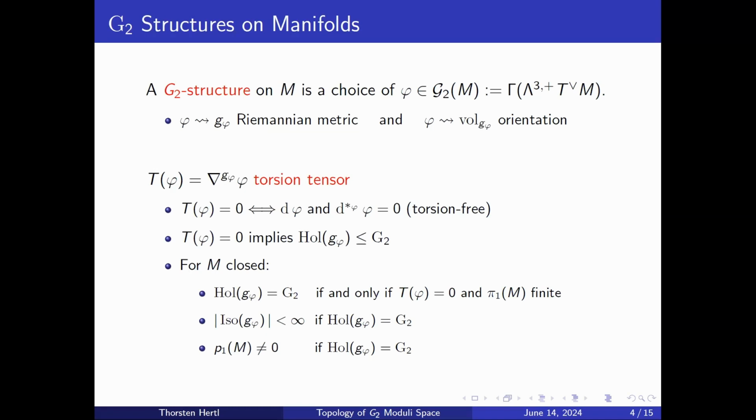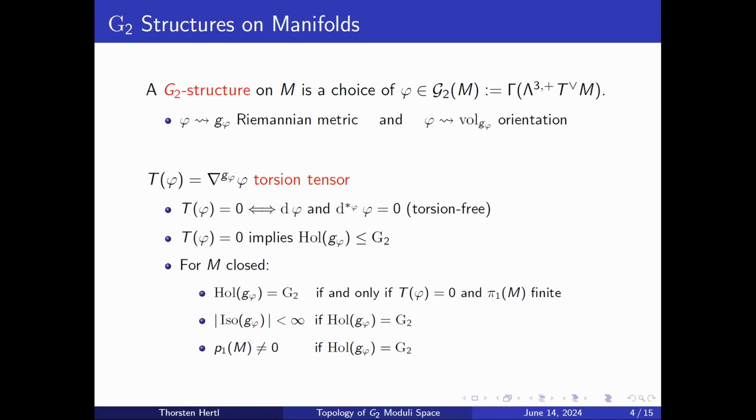So, although quite interesting, let us spice up our object of interest a little bit more. Let's add differential geometry to that picture. We can differentiate our G2 form with respect to the Levi-Civita connection of its underlying metric, and the resulting tensor is called the torsion tensor.